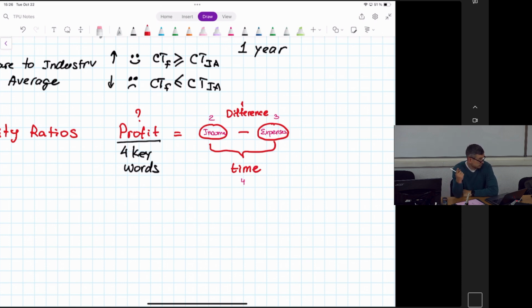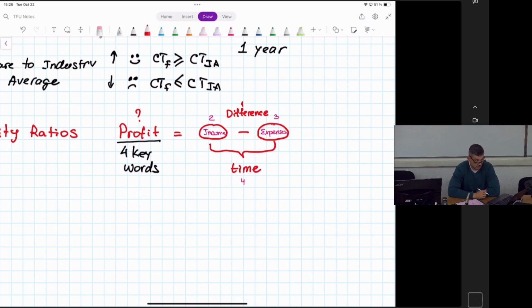So: difference, income, expenses, time. If we're discussing some financial indicator that in its nature has the difference between income and expenses over time, this may be a profit. So we may say that profit is the difference between income and expenses over a certain period of time.